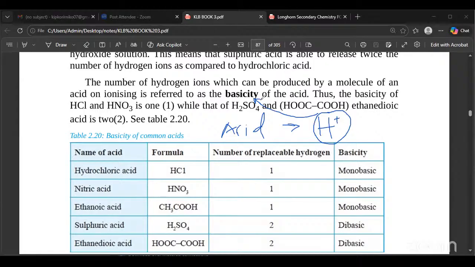If we have 2, we say it is dibasic because there are 2. If we have 1, we say it is monobasic because it's only replacing 1 hydrogen ion. I want to say this so that people cannot be confused. A base is normally denoted as OH negative.